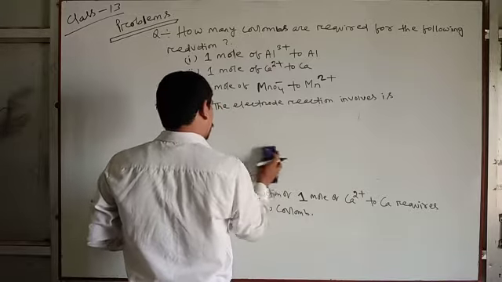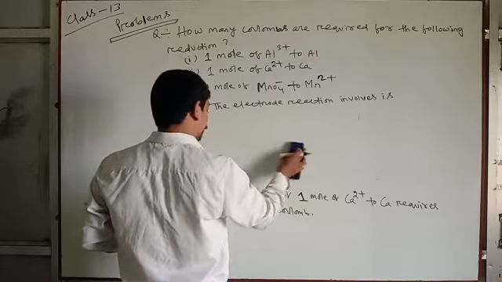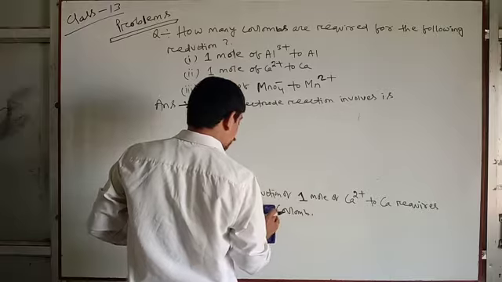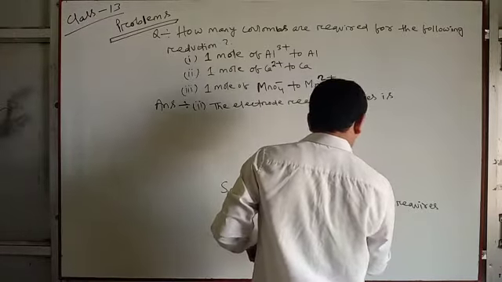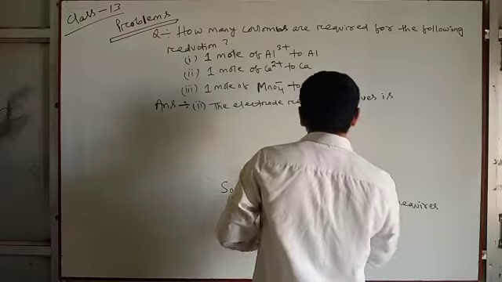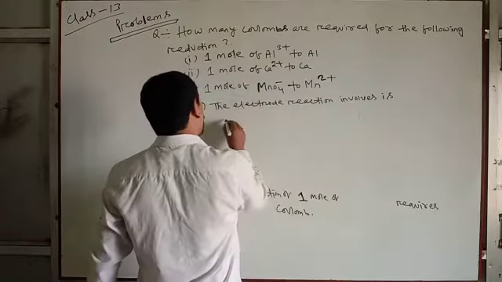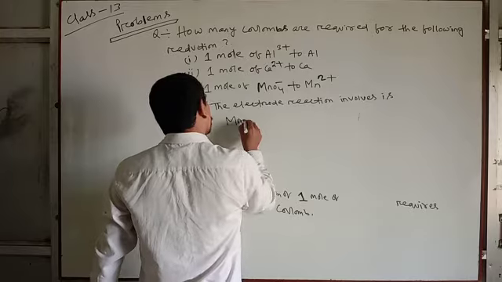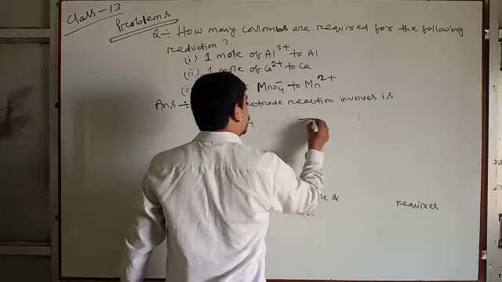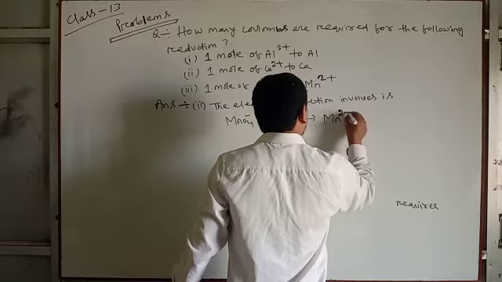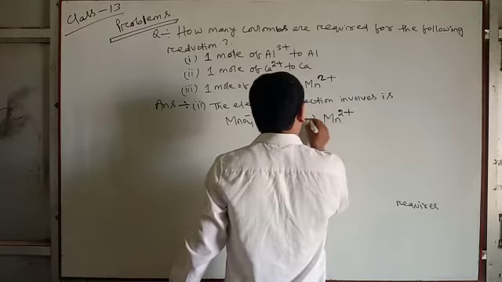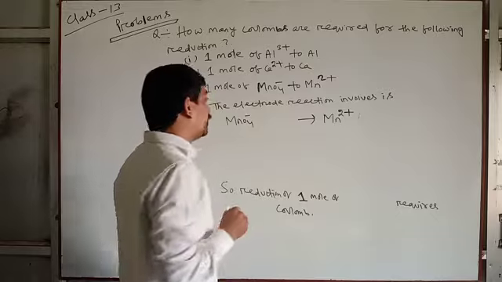Next, the third one is a very important question. Look at MnO4 minus gives rise to Mn2+. MnO4 minus to Mn2+.